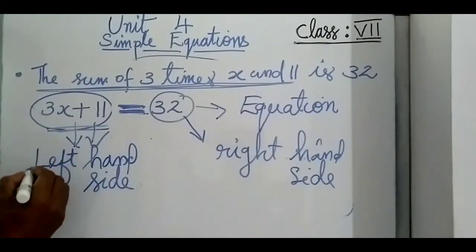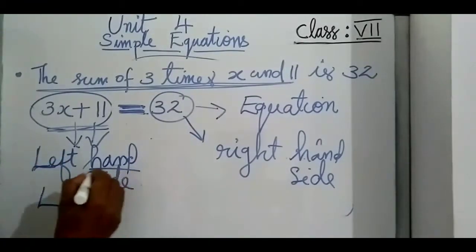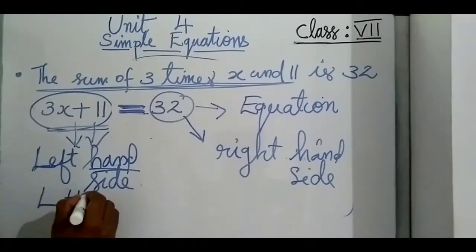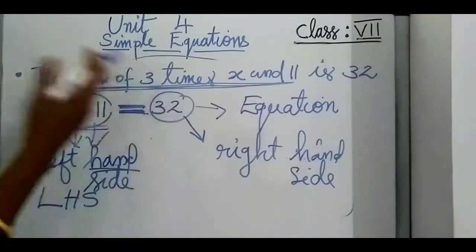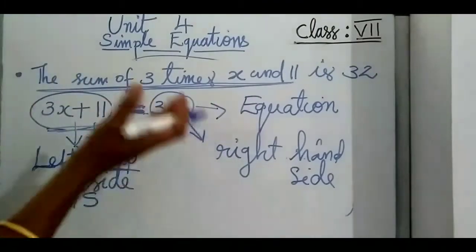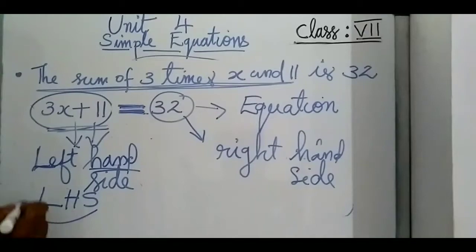We can write the short form. What is the first letter? L. Here the first letter is H. Here the first letter is S. So LHS, the full form of LHS, is left hand side. The value of the expression to the left of the equal sign is known as LHS.